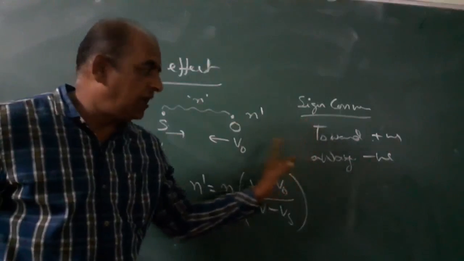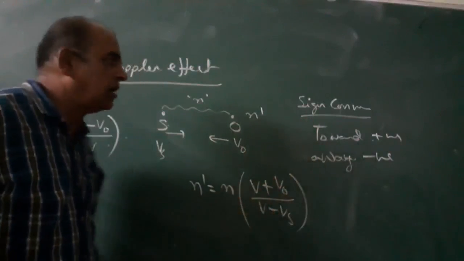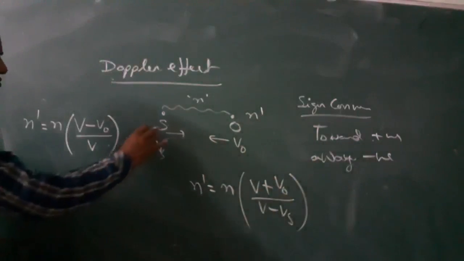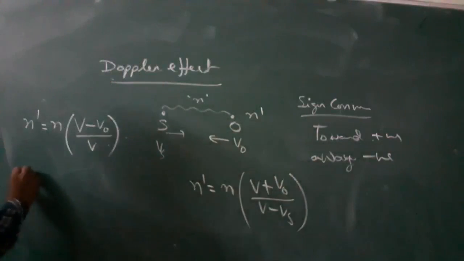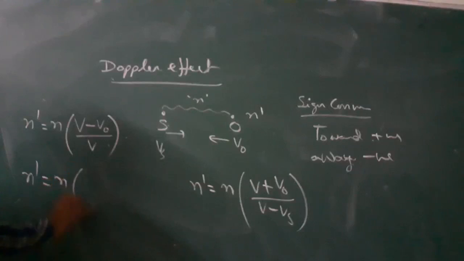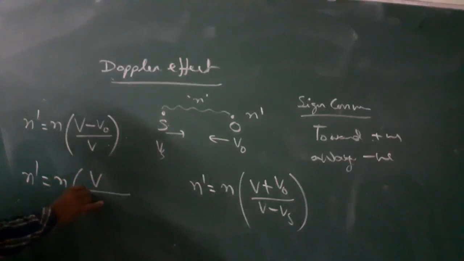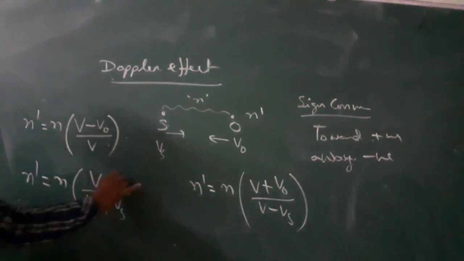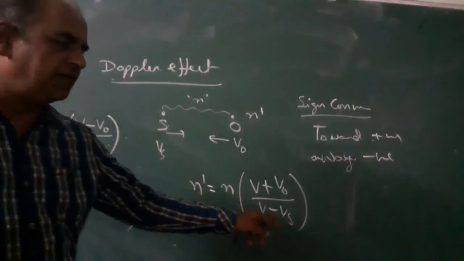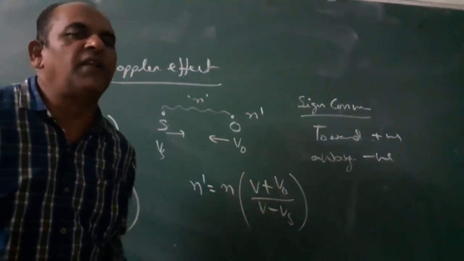And if the source is moving away and the observer is at rest, n dash is equal to n into v by (v plus vs), because vs is negative, so when we substitute, v plus vs will come.